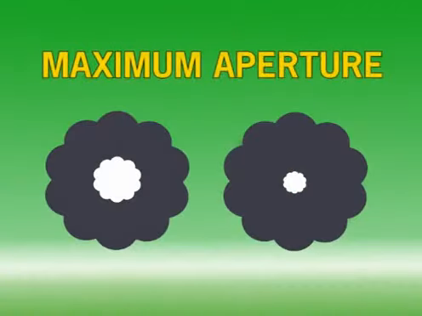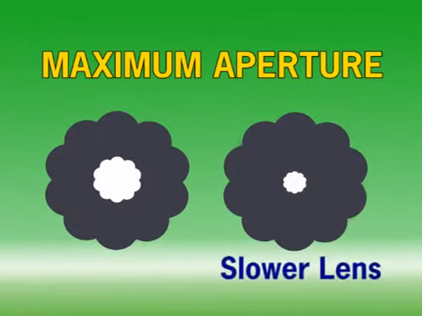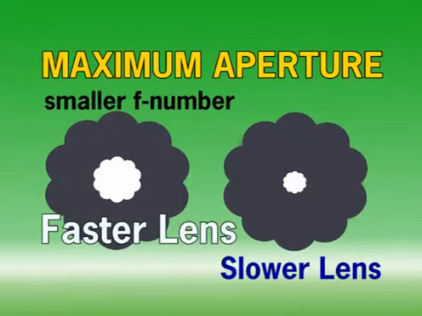The widest aperture or lowest f number of a lens is referred to as the lens speed. So in better quality lenses, less light is lost and the lens can work at lower f numbers.